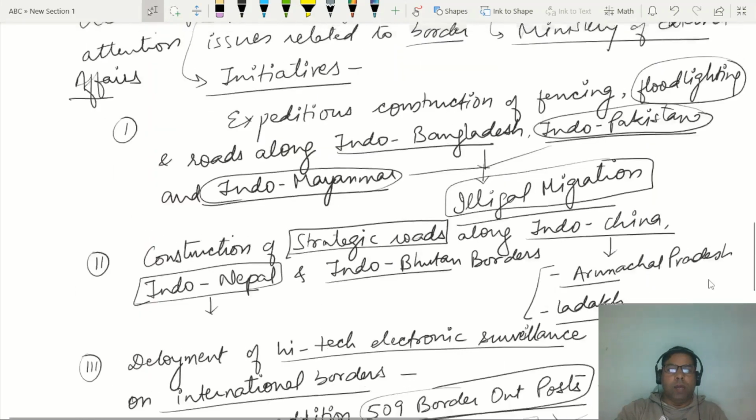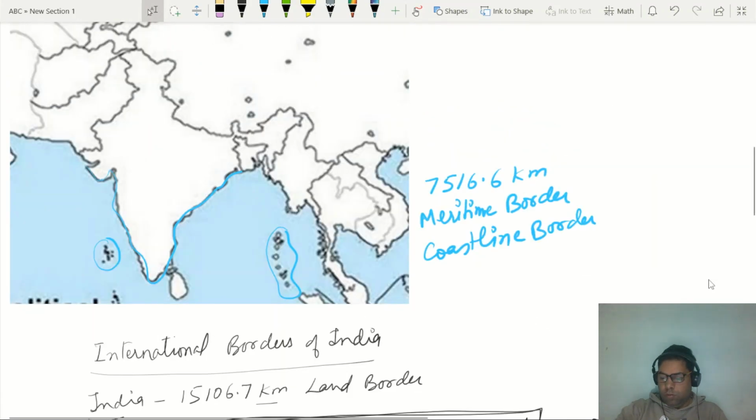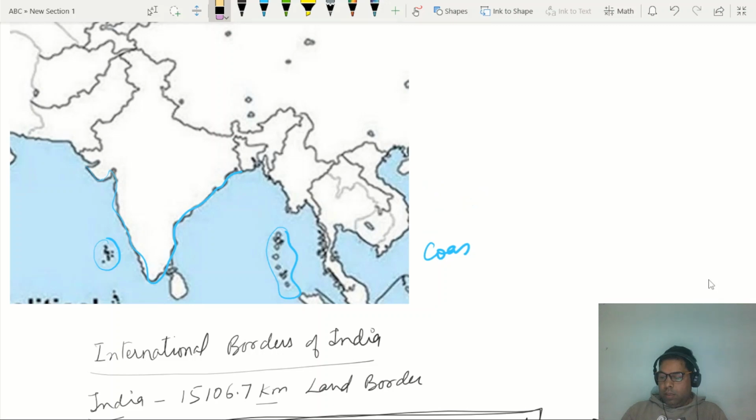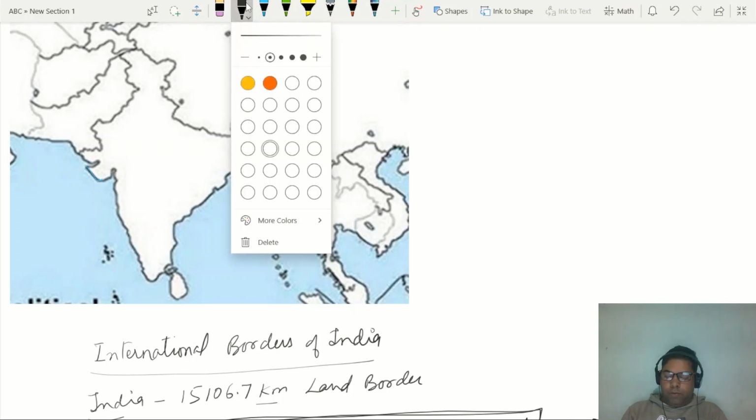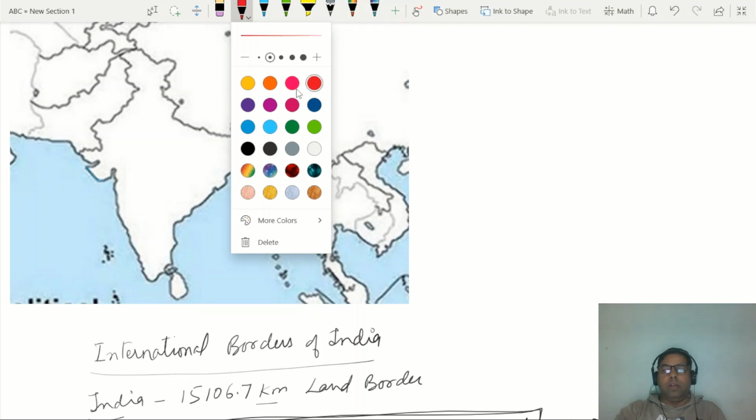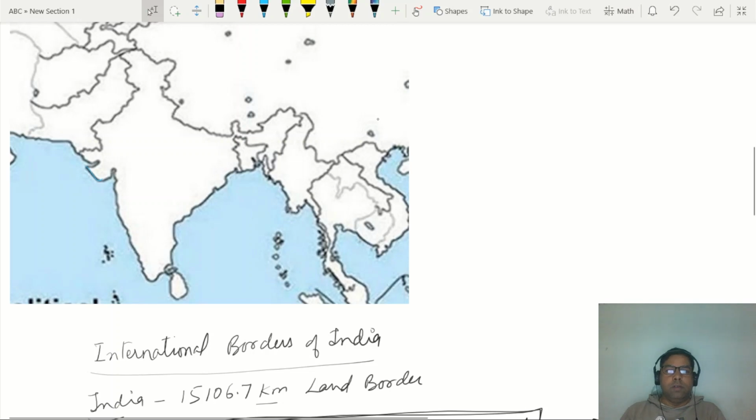So let's go to the map of India and understand this whole concept with the help of the map. Yes, the land border area of India is very important. So we see the different countries having different borderlines with India.